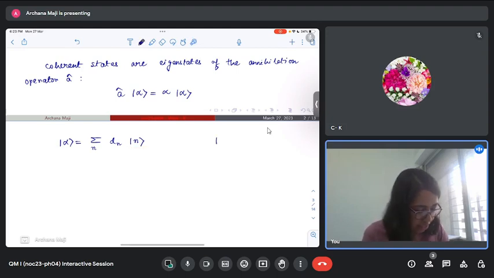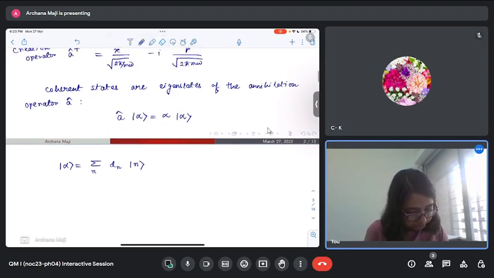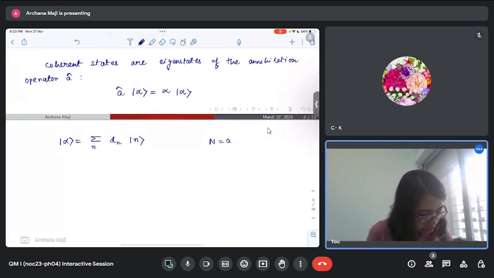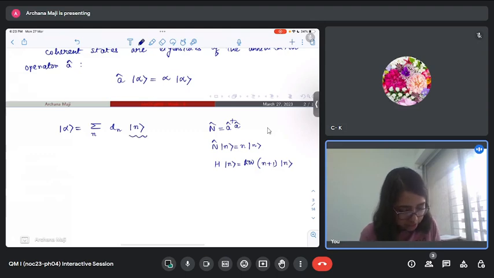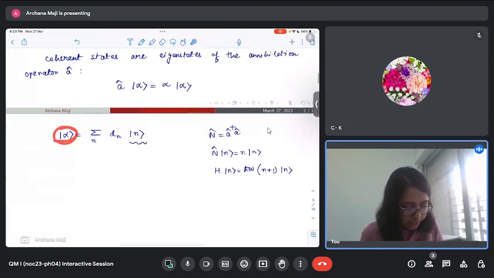These are eigenstates of the number operator, and also of the Hamiltonian. The number operator, defined as A dagger A, acting on n gives n as eigenvalue, and the Hamiltonian gives ħω(n plus 1/2). So they form a basis, and that's why we can express the coherent state as a linear superposition of those basis states.